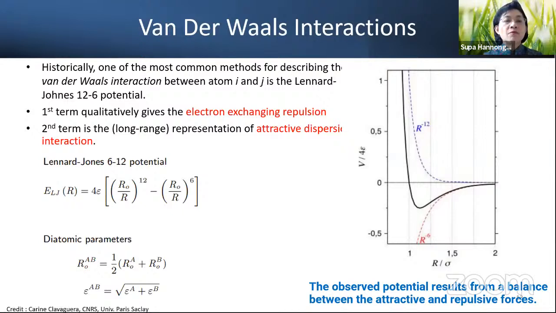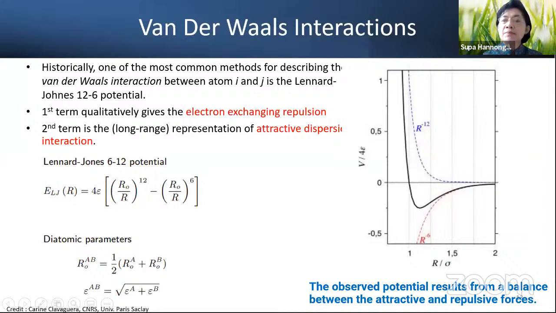When we consider the diatomic parameters, we can apply this simple picture of the Lennard-Jones potential. You can see that when the two atoms are very far away, there is no interaction at all, but when we come closer and closer, you can have some repulsive interaction that increases steeply. And also there is some attraction when they are close together, and then the energy is lower.